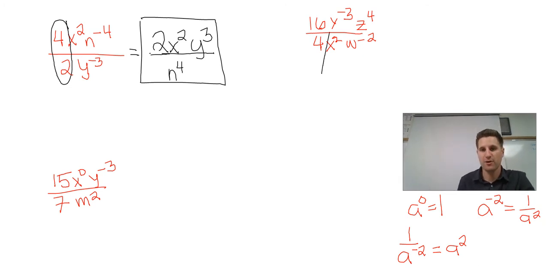Alright, our next problem, again, we're going to look at our 16 over 4. And I know that would reduce to 4 over 1. Y to the -3rd is going to come downstairs. And the x squared is already down there, so I'm going to leave the x squared alone. Y to the 3rd. Now w is going to move up and z is going to stay up.